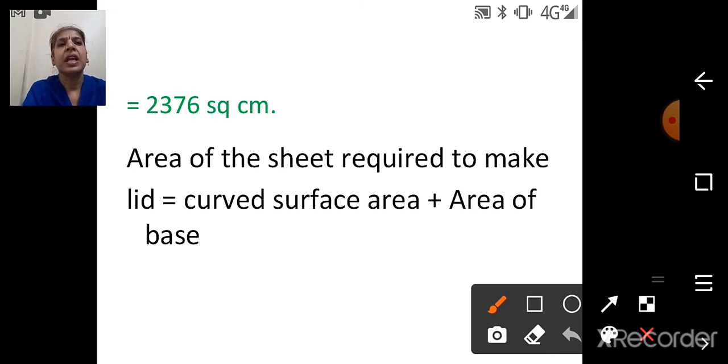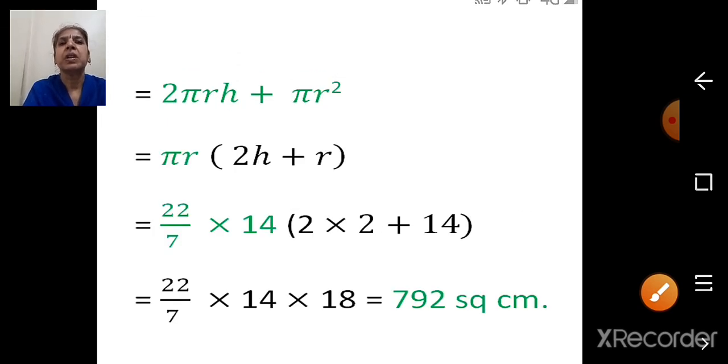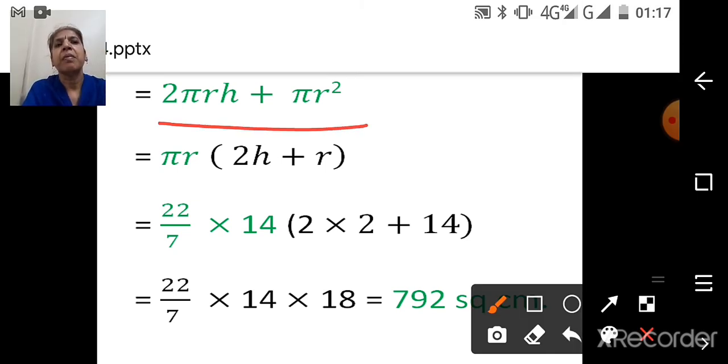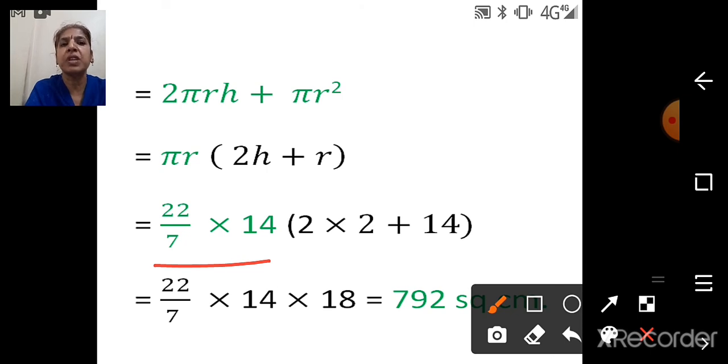So let's do it. Area of the sheet required to make the lid, that is curved surface area plus area of base. So curved surface area is 2 pi r h plus area of base, you know, which is circular, pi r square. Same way, what is common? Pi r is common. Uncommon in the bracket, 2h plus r. Substitute the values, pi 22 upon 7 into 14.